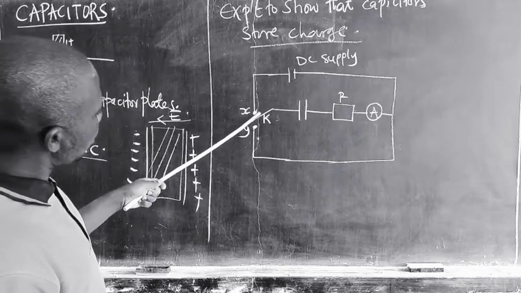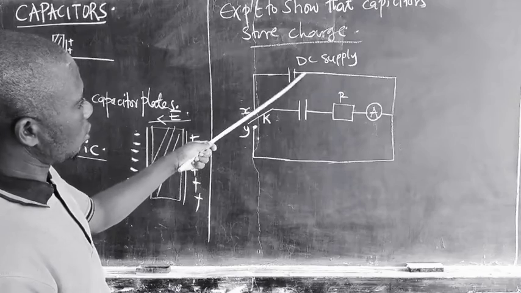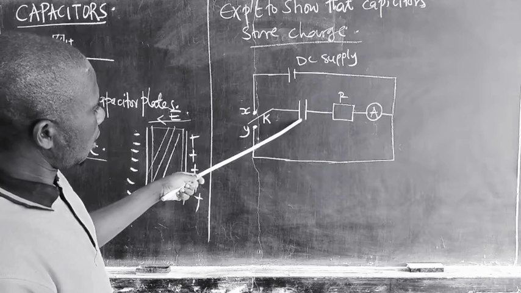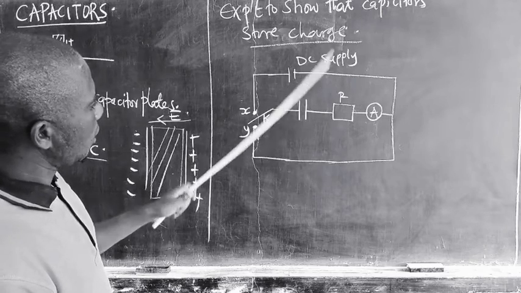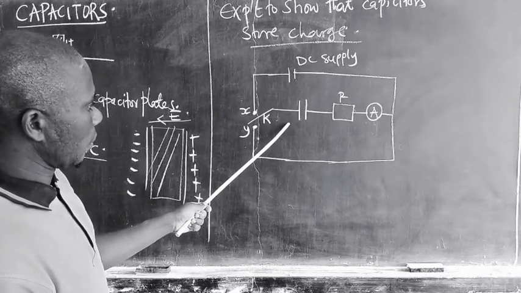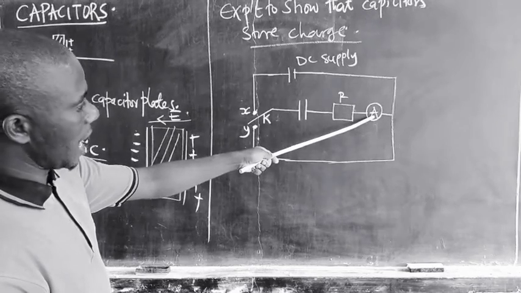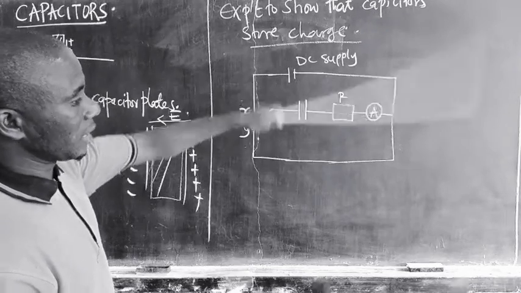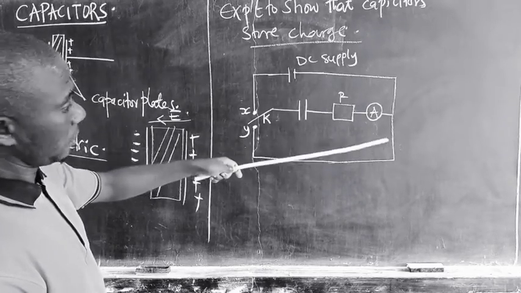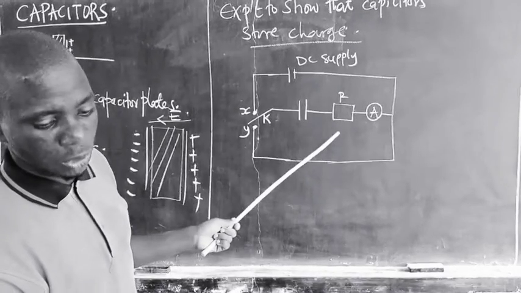When this is connected at Y, you have disconnected it from the supply, and since this plate is positively charged and this one negatively charged, the two are now connected and will discharge each other. So you see the same deflection shown by the ammeter, at maximum, but this time in the opposite direction, after which it again goes to zero.